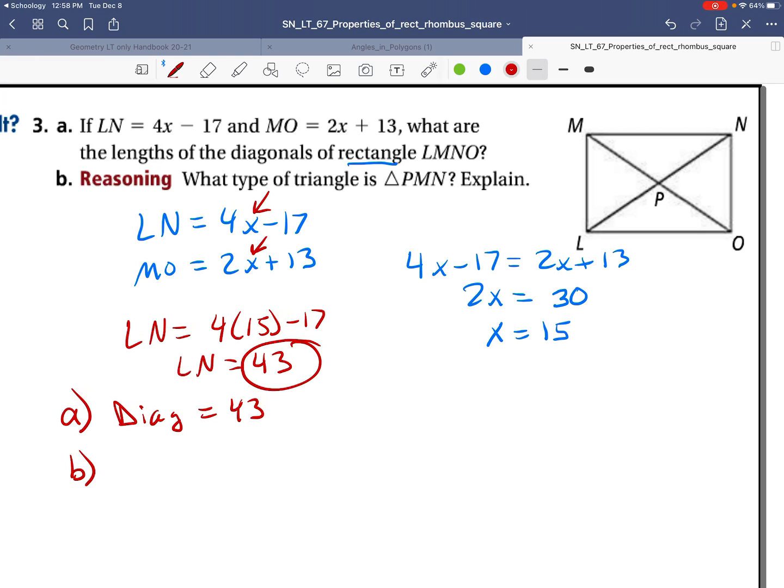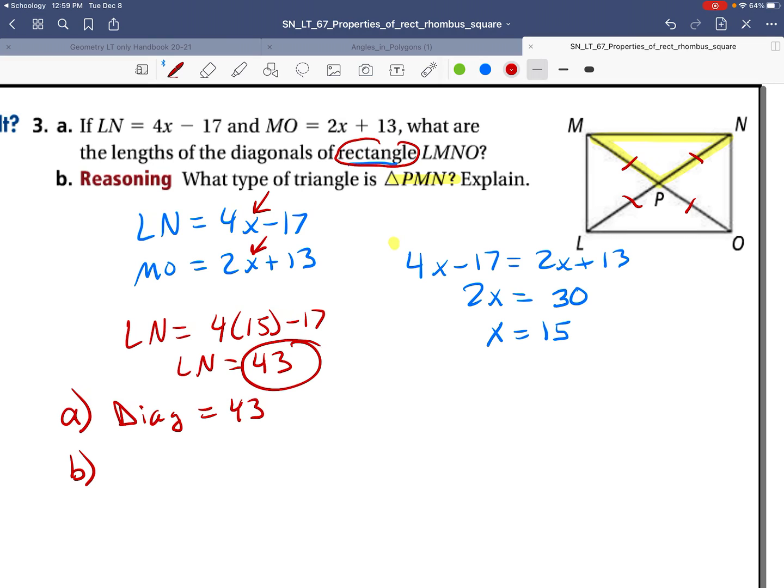Part B, what type of triangle is triangle PMN? PMN is this triangle, and because it's a rectangle, we have the diagonals are congruent and they're bisecting each other. So this is true.